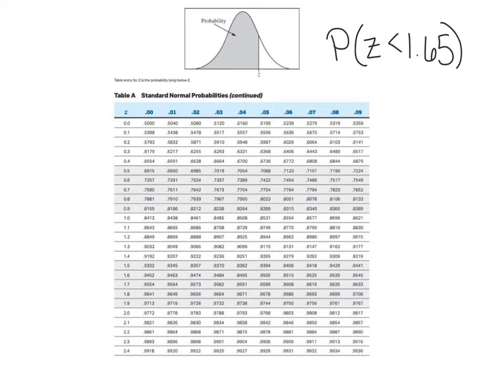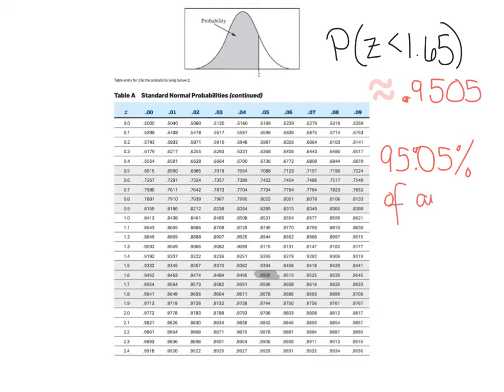If I go over to this value right here, that gives me the probability of getting a z-score less than 1.65. I can see from the chart it's 0.9505, so I know that 95.05% of autos get less than 35 miles per gallon.